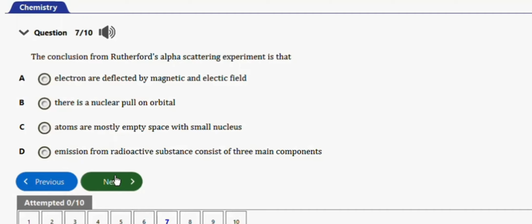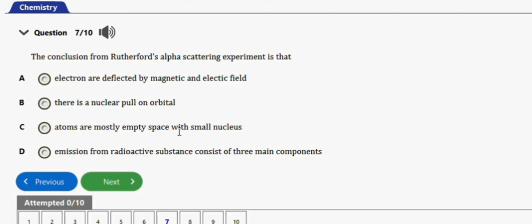So the conclusion for Rutherford alpha scattering experiment is that atoms are mostly empty space with small nucleus. All right, so that's the right option to this question.